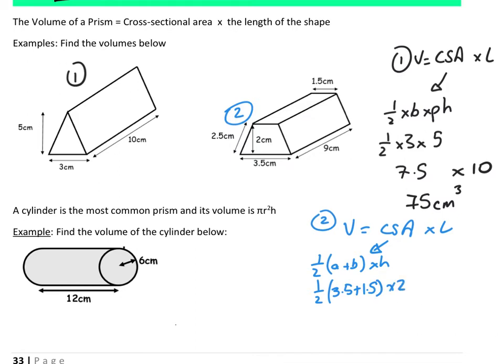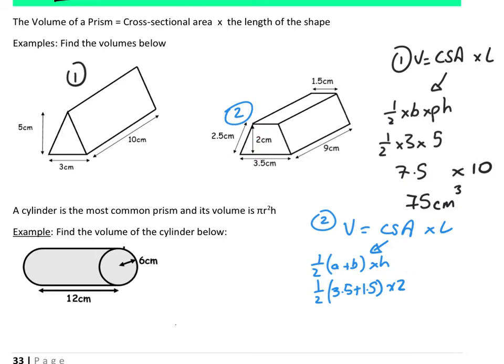So the base is 3.5, and the top, we're maybe not initially sure exactly what length it is, but because this is a prism, this trapezium will be the same shape throughout the prism, so the shape at the back of the prism would also be a trapezium. So then this is 1.5, so the top is 1.5, and then the perpendicular distance is 2.